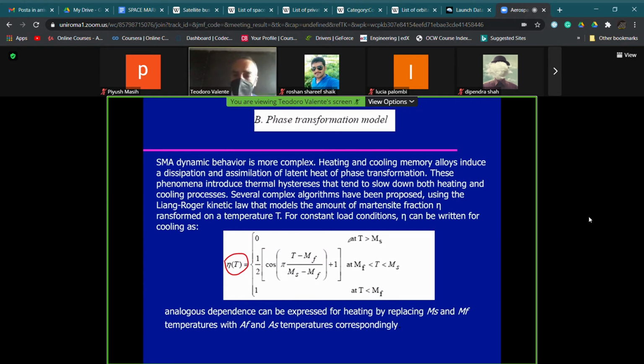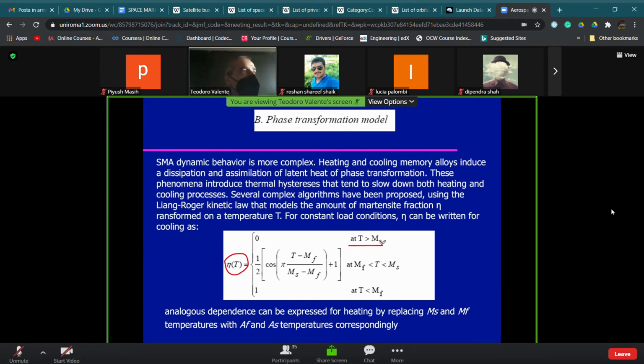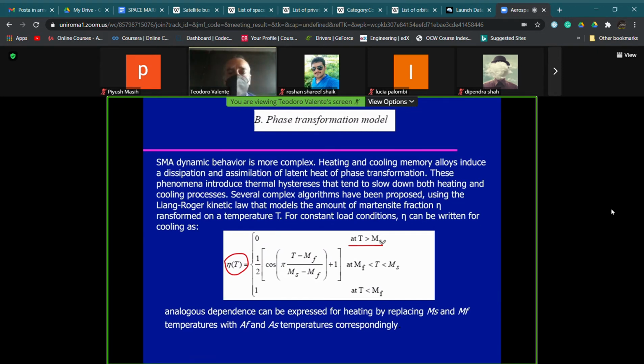You see here, we have the case in which temperature is higher than Martensite start. So, which is the percent of Martensite when the temperature is higher than the Martensite start? 0.